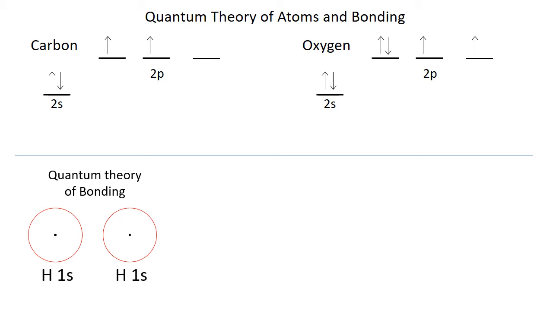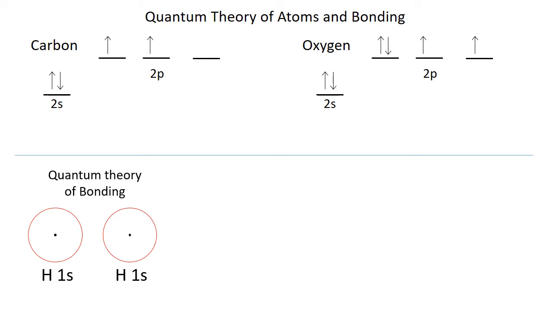Now remember, we also are going to start with our quantum theory of bonding, and we described this with H2, and we looked at how this works for CH4 as well. The quantum theory of bonding is that the orbitals that contribute the valence electrons to form this 2-electron bond will overlap or add together to form the bonding orbital.